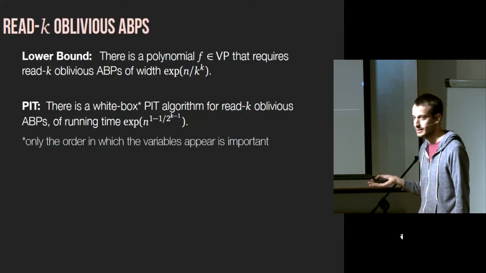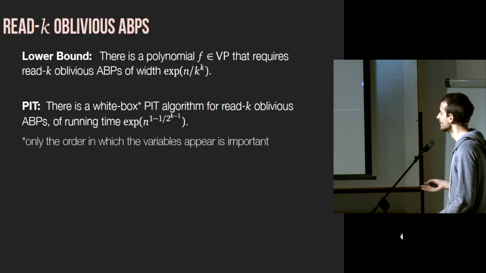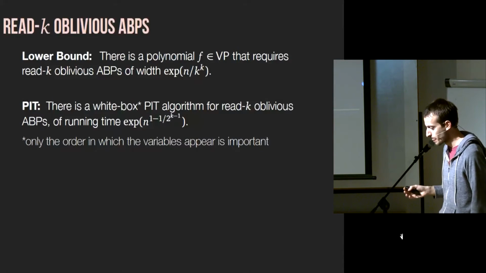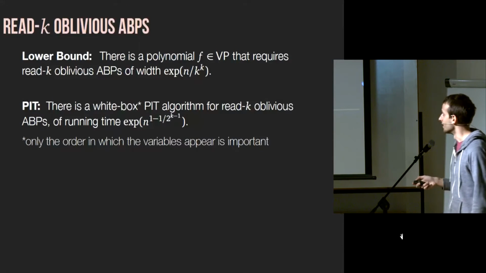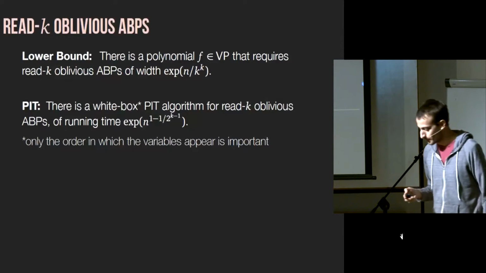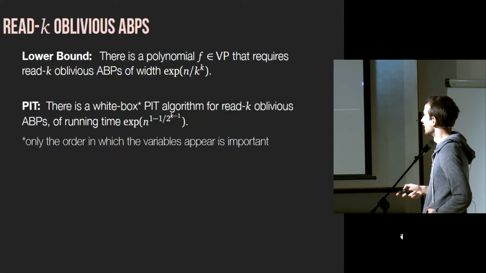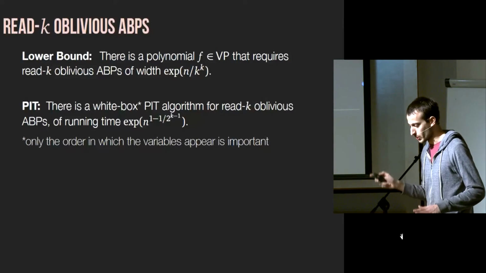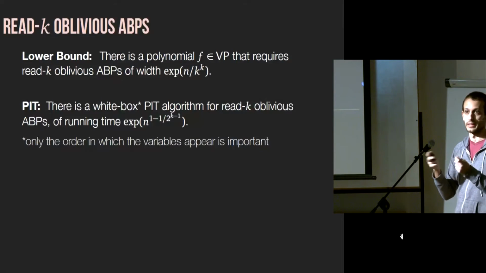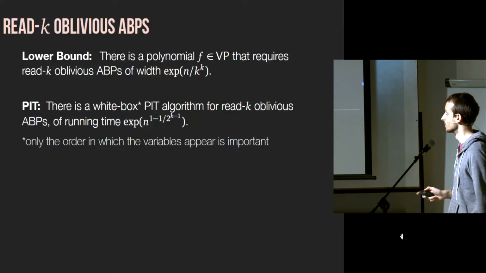Are we calling it gray box now? I don't know what the official term is, but I like the word gray box. So it's a gray box algorithm. You only need to know the order, not the actual wiring of the circuits. That is the point.